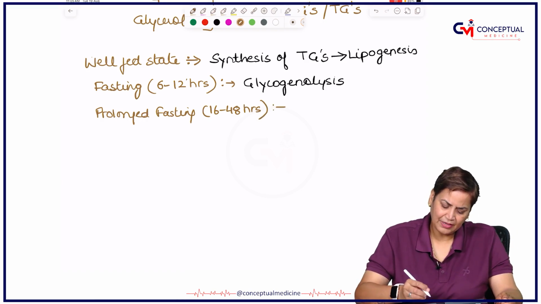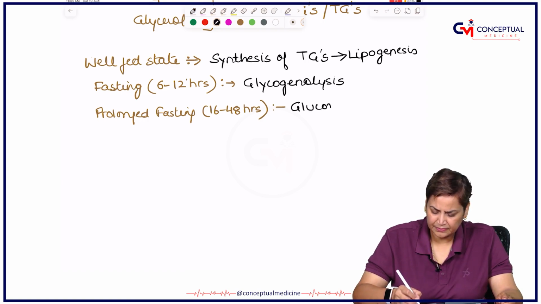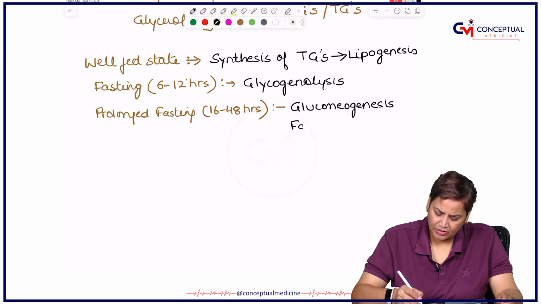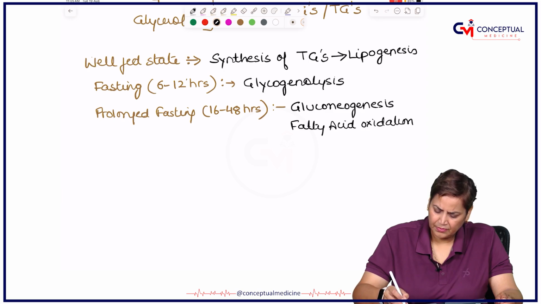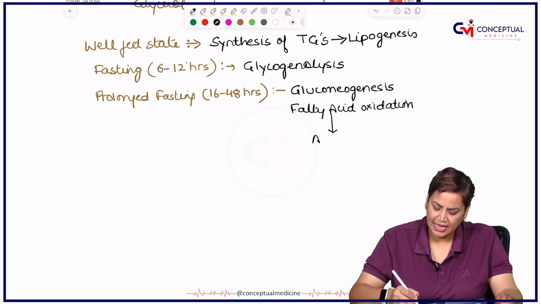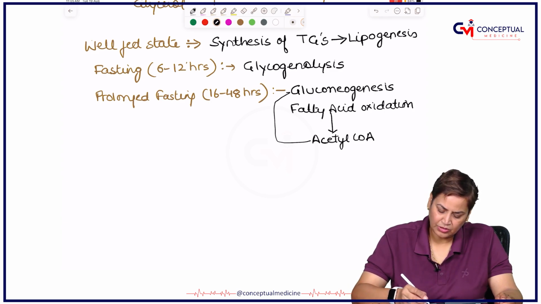Then what is happening here is the body gets energy from gluconeogenesis. The body gets energy from fatty acid oxidation. And always remember, fatty acid oxidation produces acetyl coenzyme A, and this acetyl coenzyme A promotes gluconeogenesis.